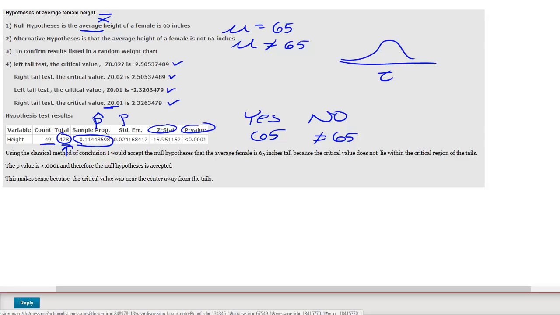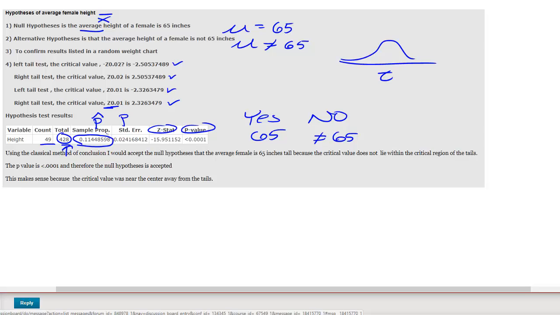You set yes, so you tell it a success is whenever the data equals 65, and when it doesn't, it's a no. Same thing, you could have run it on political parties, and a yes could have been independent, and a no would have been everything else: Democrat, Republican, Green Party, whatever. So yes and no just means success and failure when we're talking about proportional data.